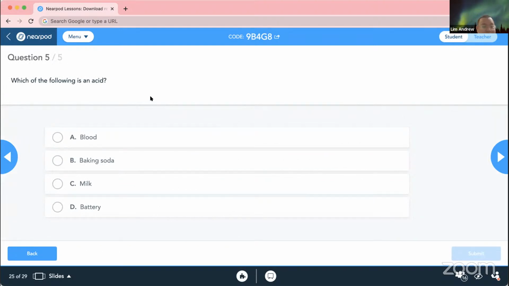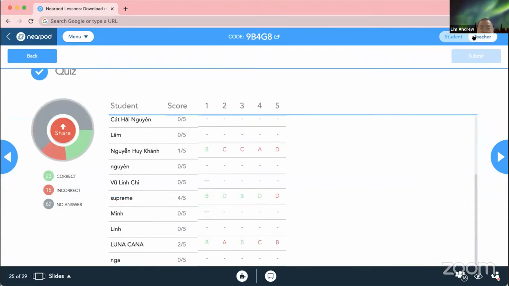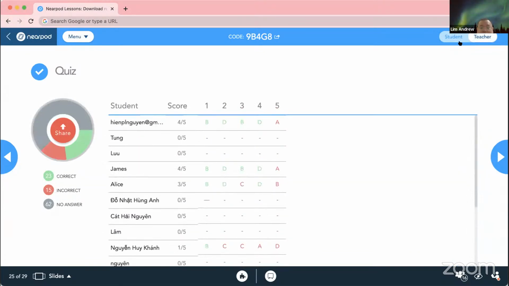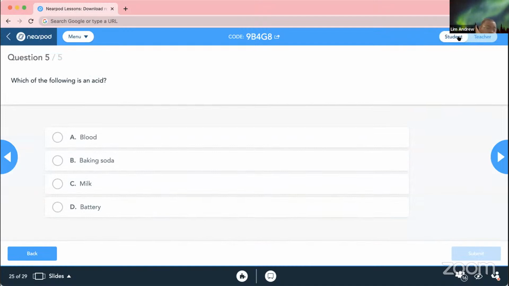All right, next up. Which of the following is an acid? We know that acid has something to do with hydrogens. And then we know that blood is a bit alkaline. Baking soda is obviously a bit alkaline. So the answer should be somewhere near the water side. So is battery alkaline or acid?